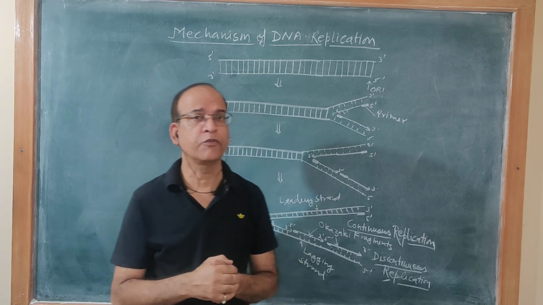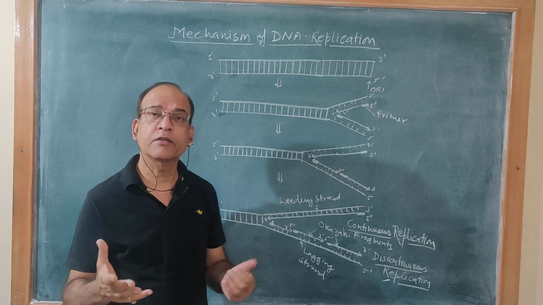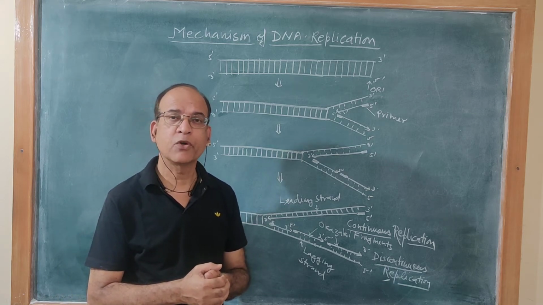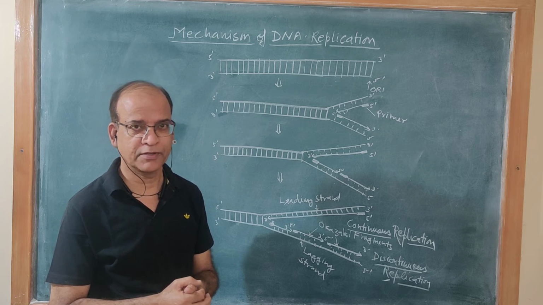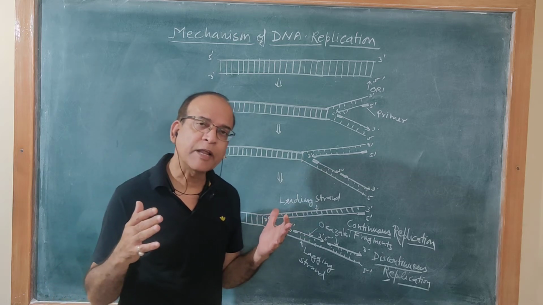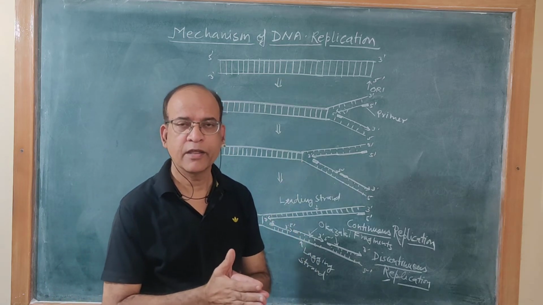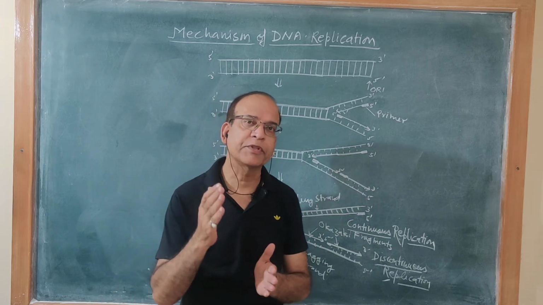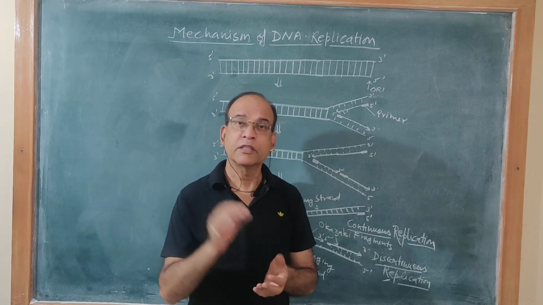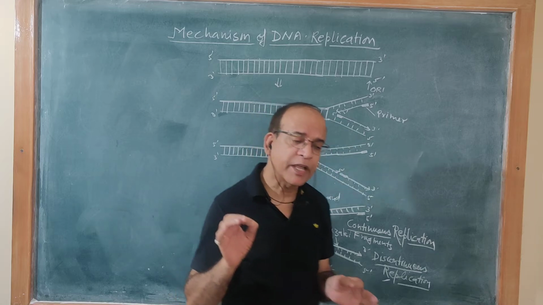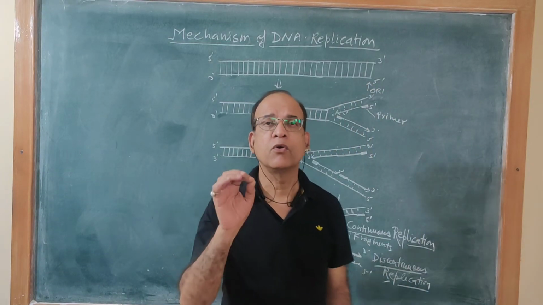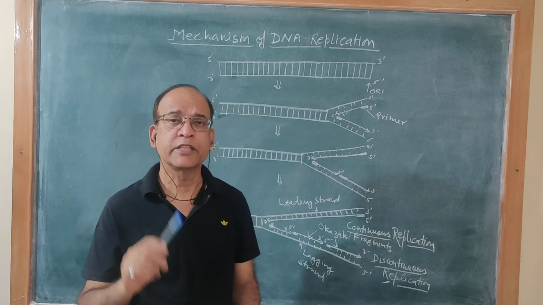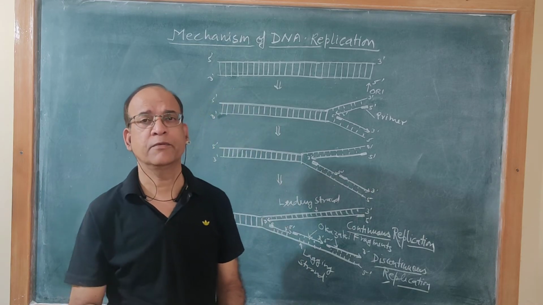The process of replication of DNA is also costly, because a lot of energy is required. The replication of DNA starts from a specific point. The point from where replication of DNA starts is called the origin of replication, that is ORI.